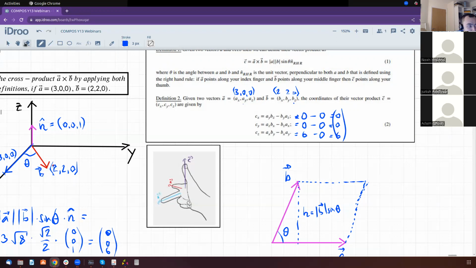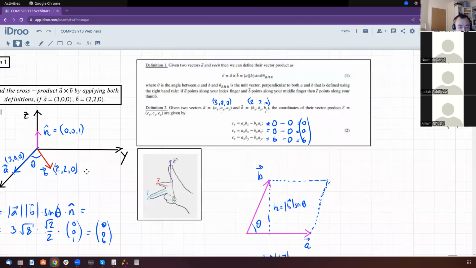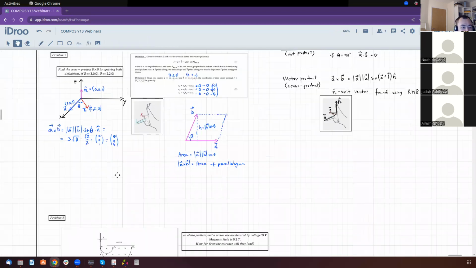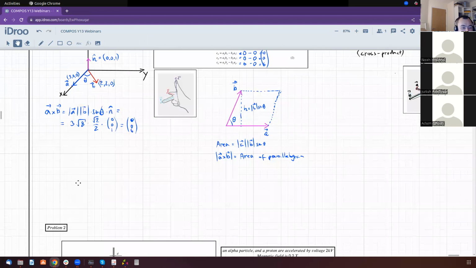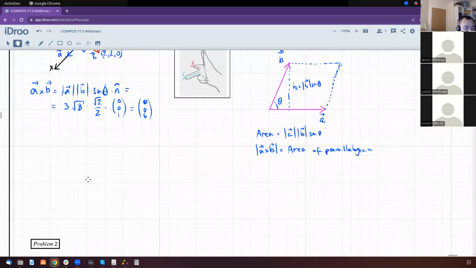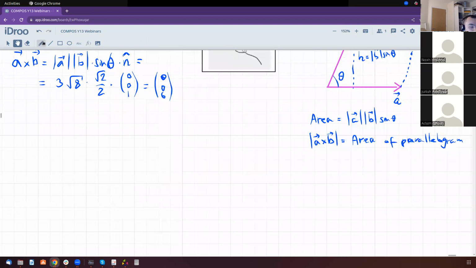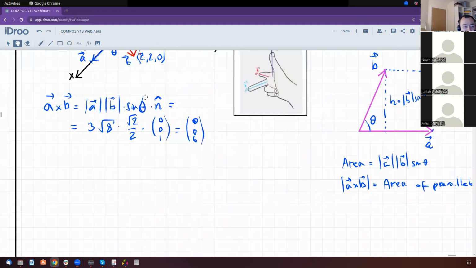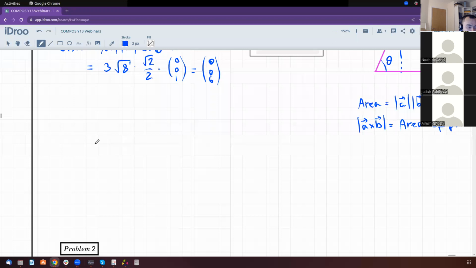Okay. And there's a third way of doing it. The third way is basically the second way, but more elegant and easier to remember.